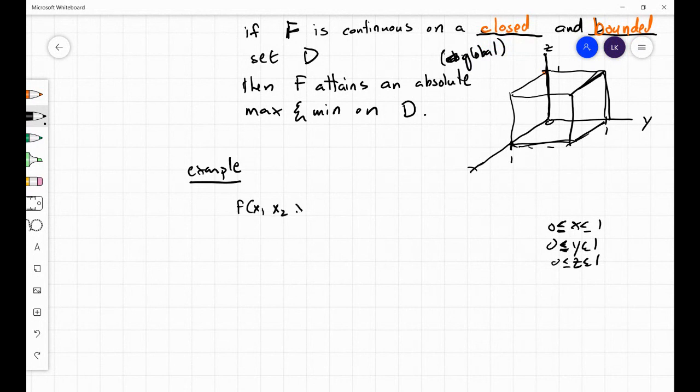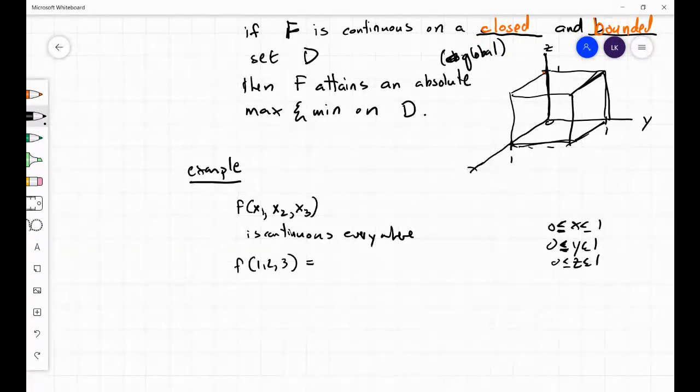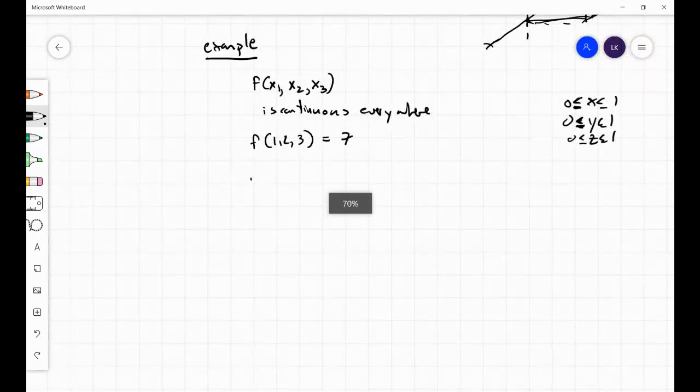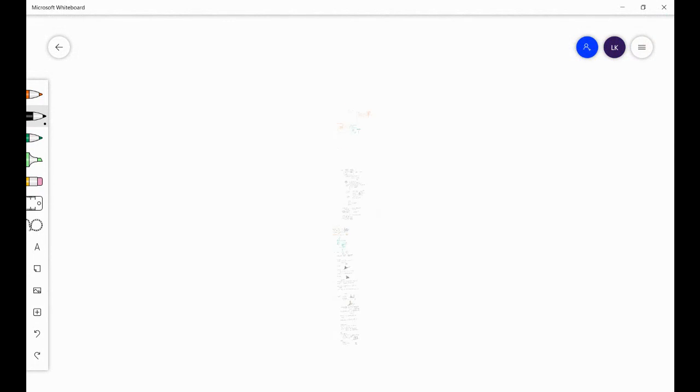So if we have that a function is continuous everywhere, it doesn't matter, it's continuous at a point, and they say that f of (1, 2, 3) equals 7. What does continuity tell you? Is it the intermediate value theorem? It tells you many things.